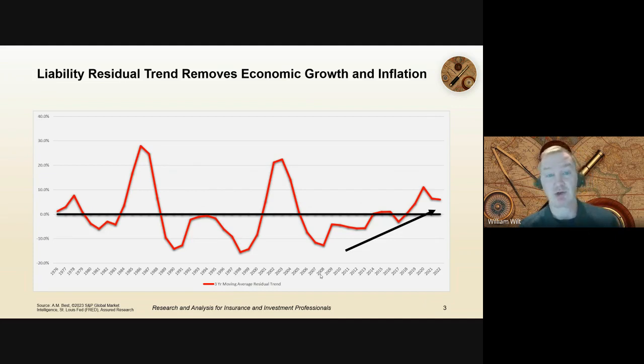It might be interesting to look at some other lines of business as well, but regular examination of residual trends, and I suspect more often than not, adding some provision for social inflation to economic inflation, because although it's volatile, it's certainly greater than zero for many of the years over this time series. And looking at the right hand side of this chart, it looks like it could be greater than zero for some time to come.